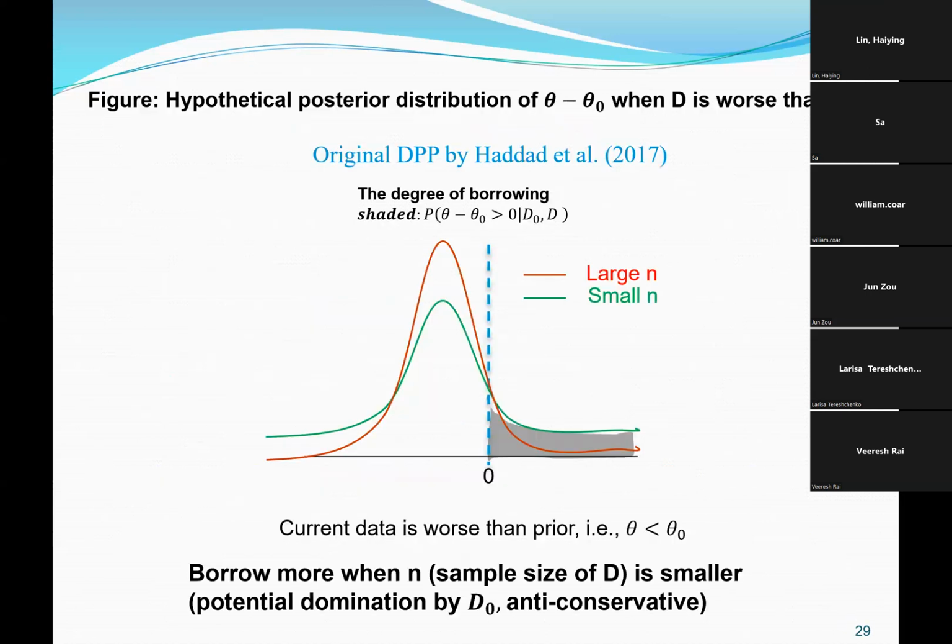So here is a very simple illustration. For details and simulation, please refer to the published paper. The idea is that with such an equivalence margin, we try to avoid a scenario where, when the sample size is smaller, you potentially borrow more. Even though the data could be far away, because of the small sample size you have a more spread distribution, and you still end up borrowing more.